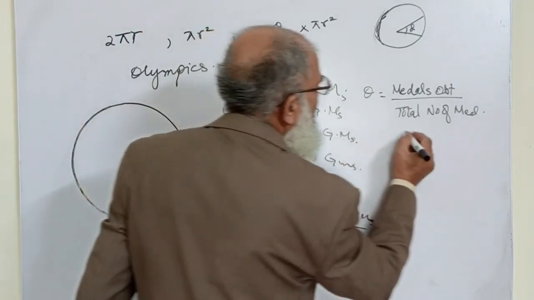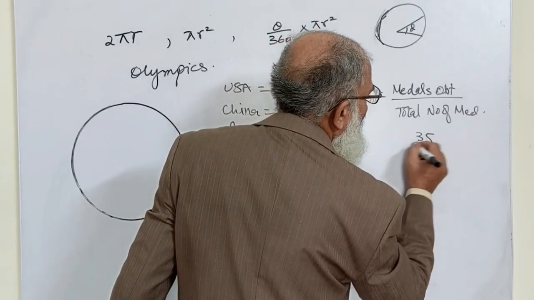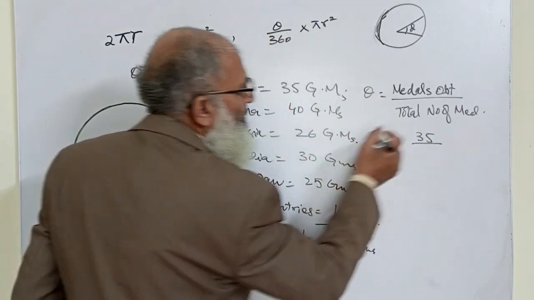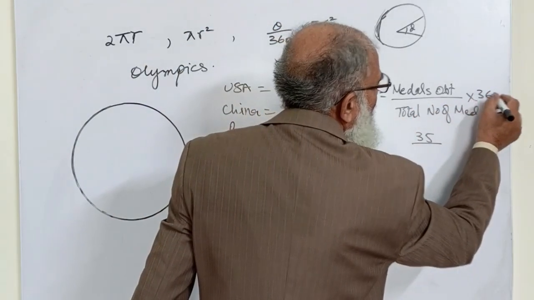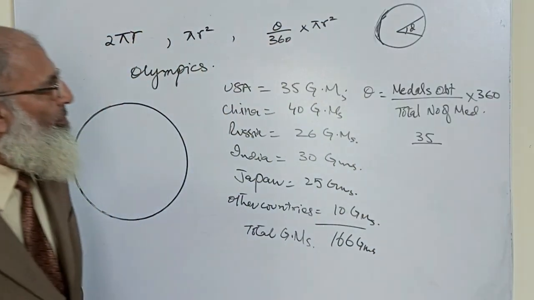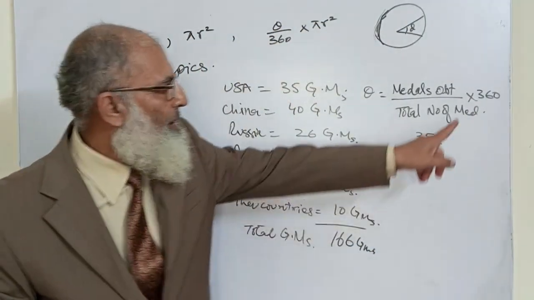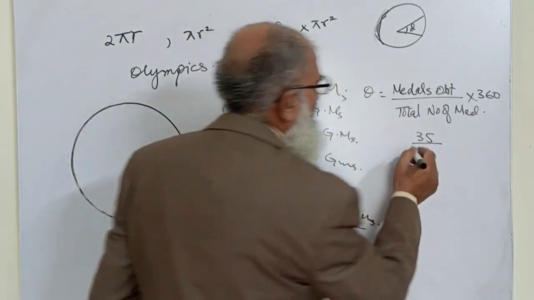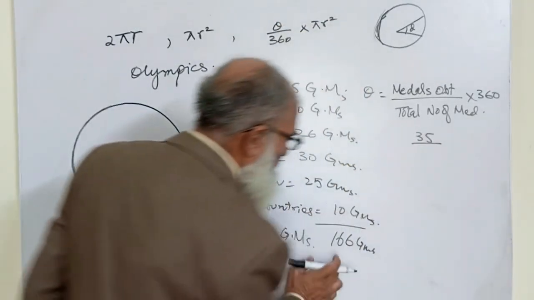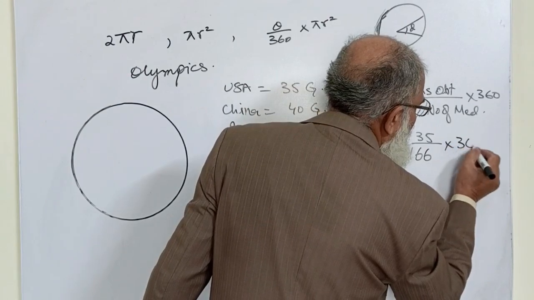Now for the first, it will be 35 divided by the total number, 166, multiplied by 360.